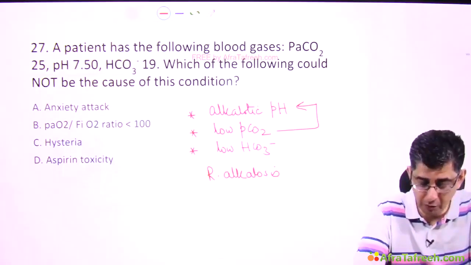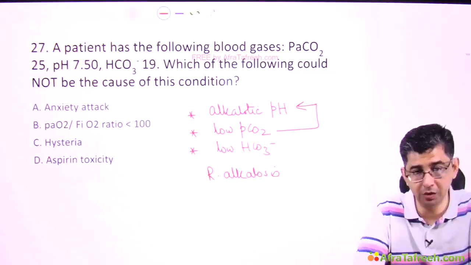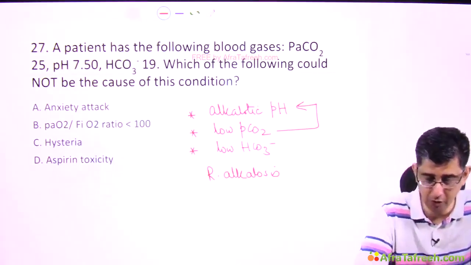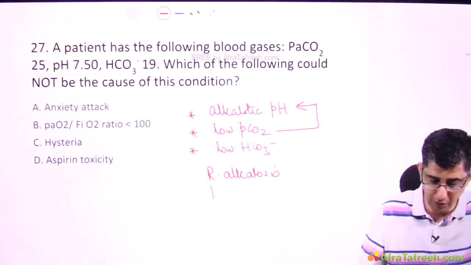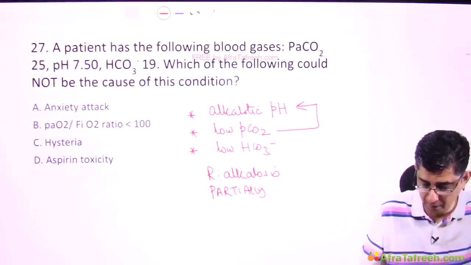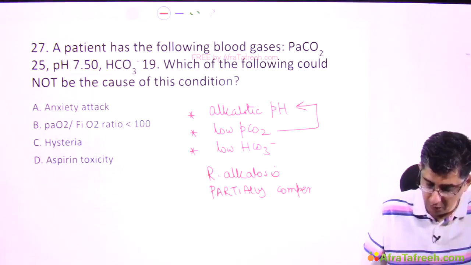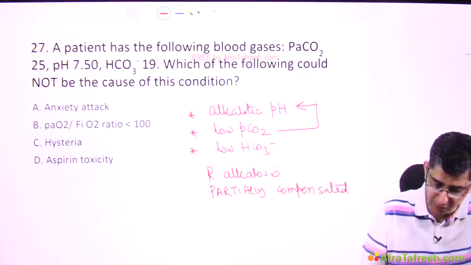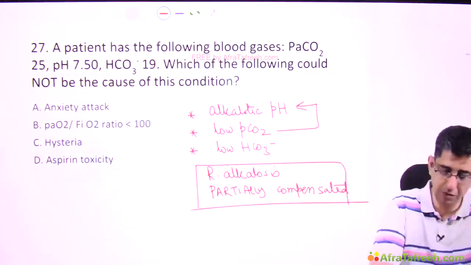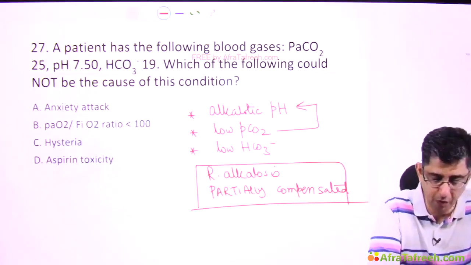The compensation of respiratory alkalosis is metabolic acidosis. That is why in this patient bicarbonate is low. So this particular chap is having a partially compensated respiratory alkalosis. The question says which of the following could not be a cause of this condition.